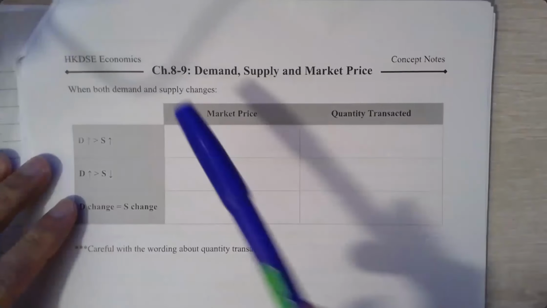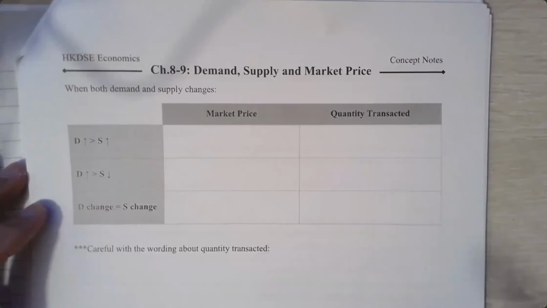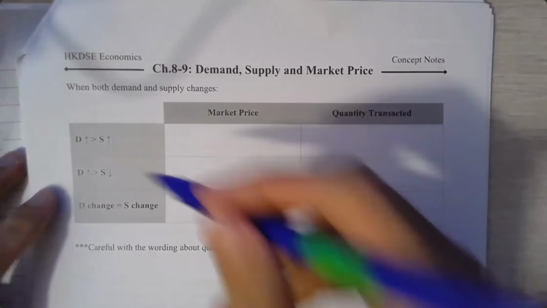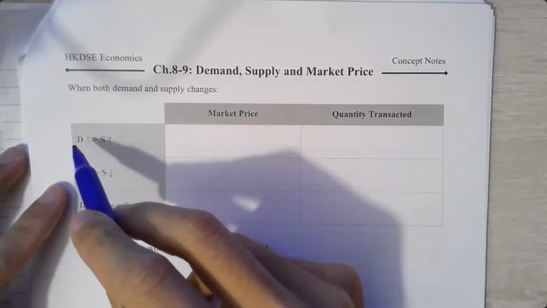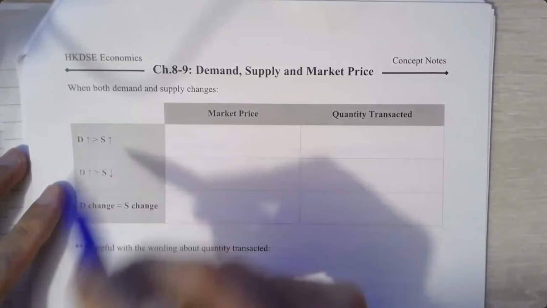Then what if demand and supply change together? 我哋望望啦。What if they change together? 我哋諗諗啦。Let's say for example, demand increase is larger than supply increase.